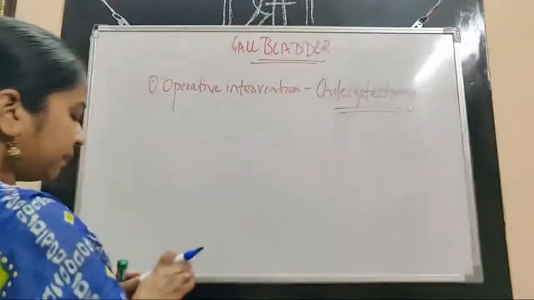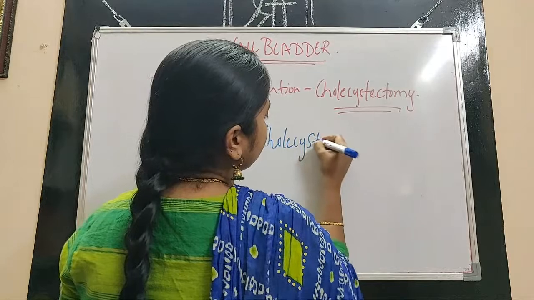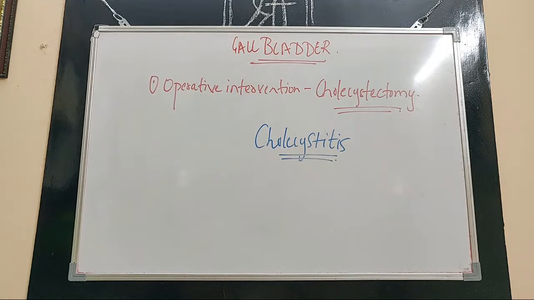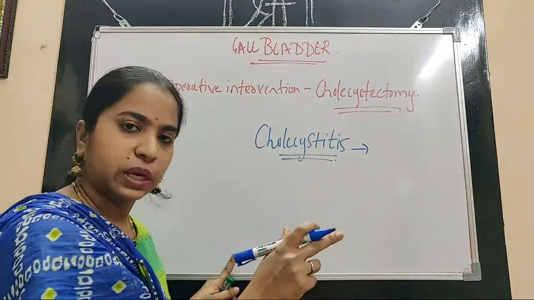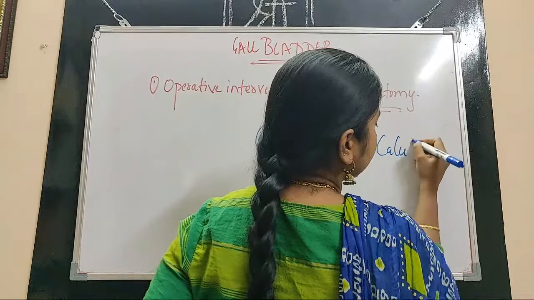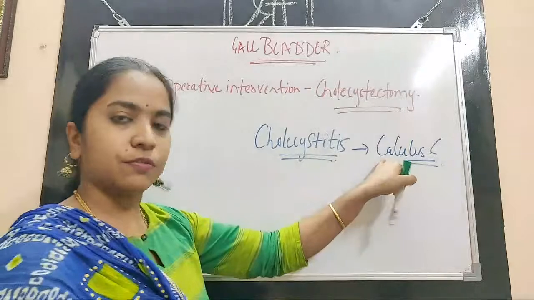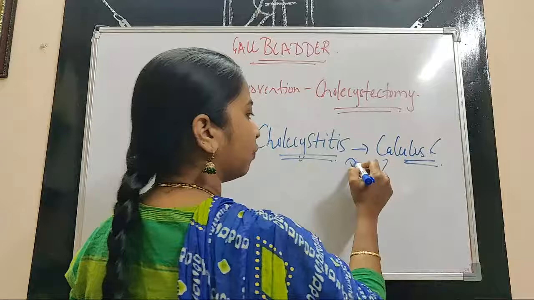Now, a very small portion before we start with the operative intervention. We discussed the various etiological factors, how to diagnose cholecystitis, and what causes it, in the last class. Common to all of these is that they were calculous cholecystitis, where there is a gallstone in the gallbladder, because of which there is inflammation of the gallbladder.